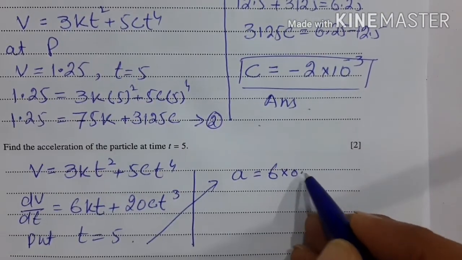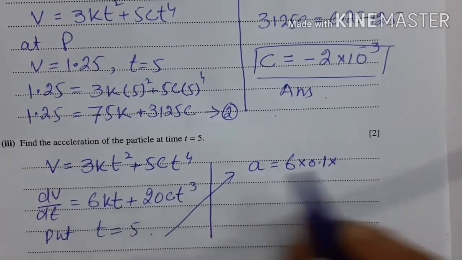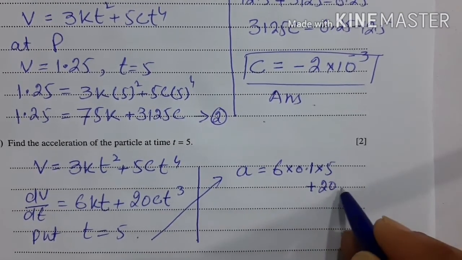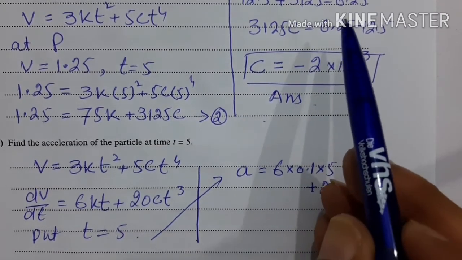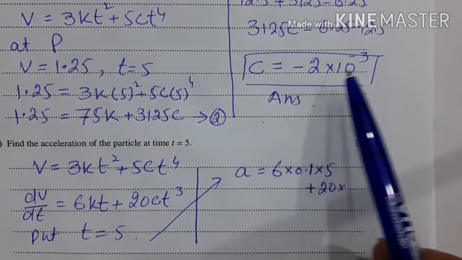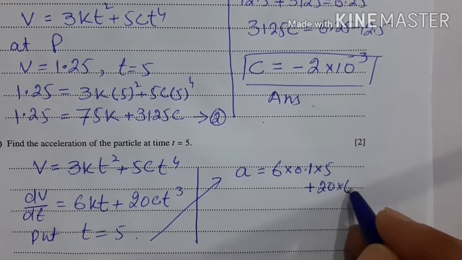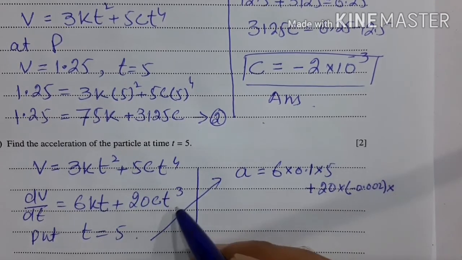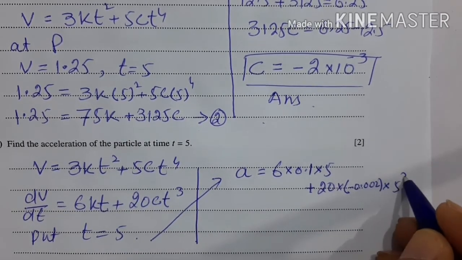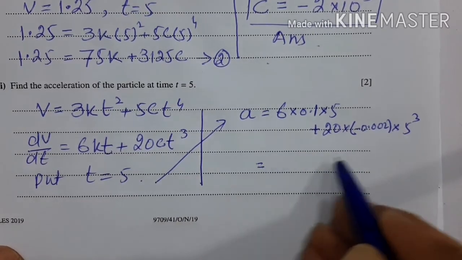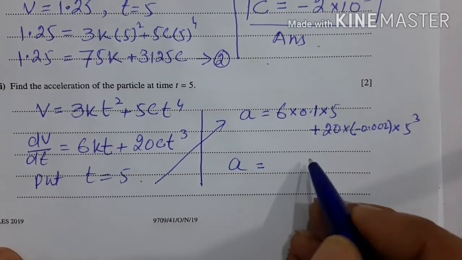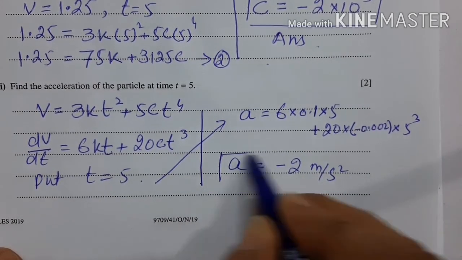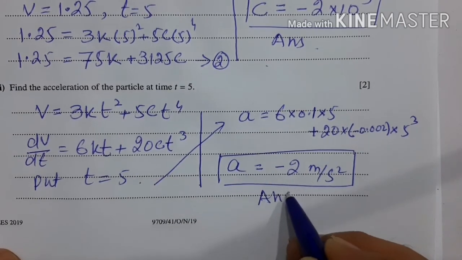So 0.1 into t's value, 5, plus 20 into c's value, which is minus 0.002, into t cubed, meaning 5 cubed. So after solving it with the calculator, I will get the value of acceleration, which is minus 2 meters per second squared. This is the answer.